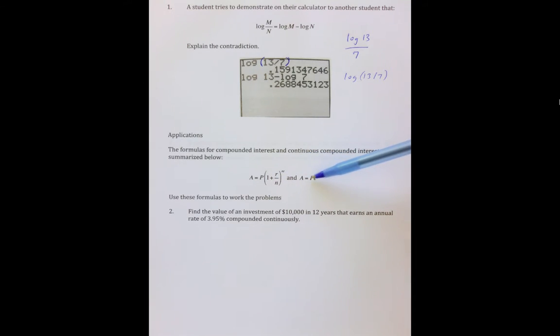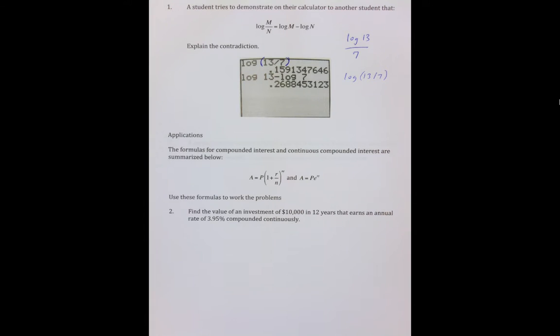A equals P times e to the rt, same thing. If we always knew the rate and the time, we would have just an exponential function. But there are times where we need to solve for the number of years, the number of compounding periods, or the rate or the time, which motivates the need for logarithmic functions.